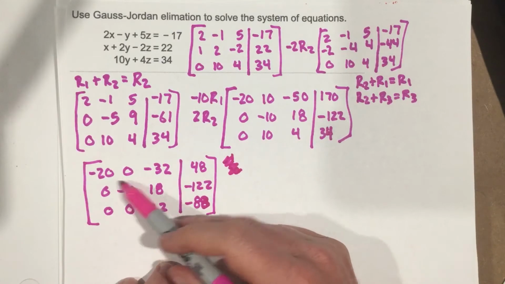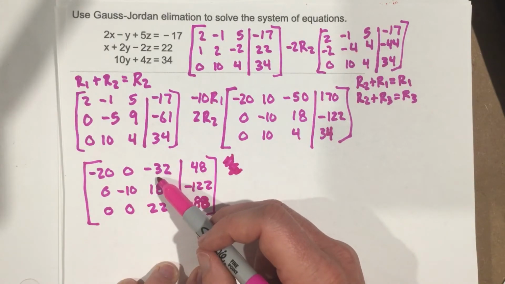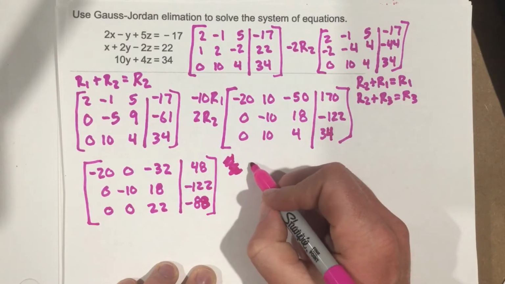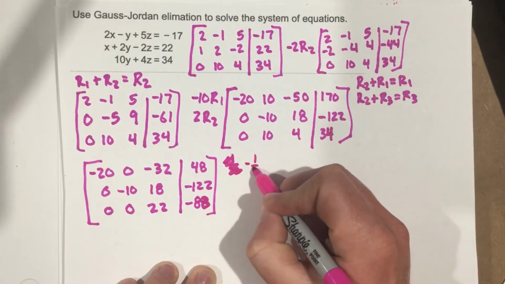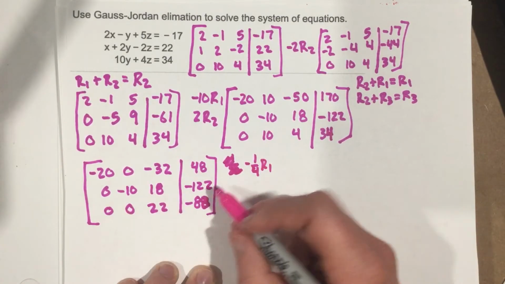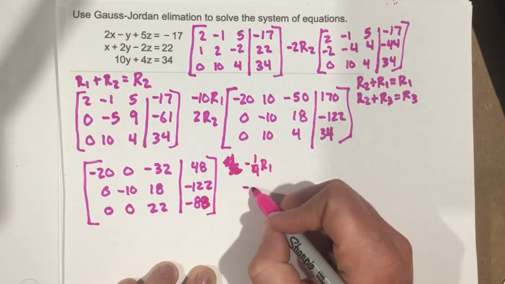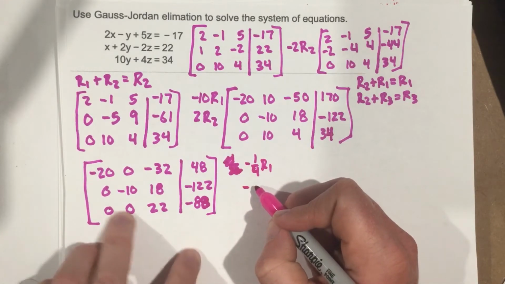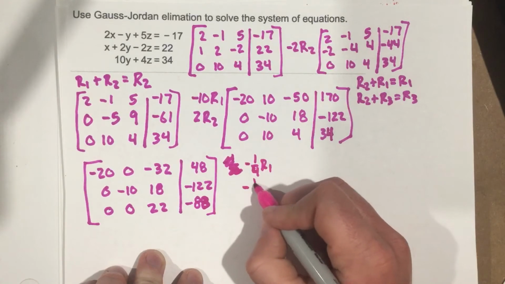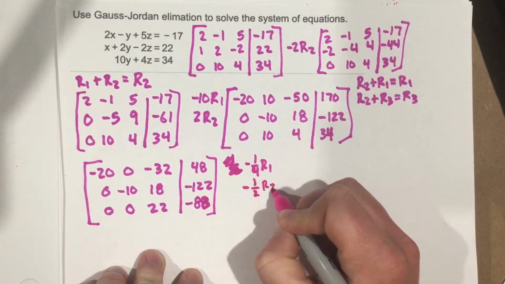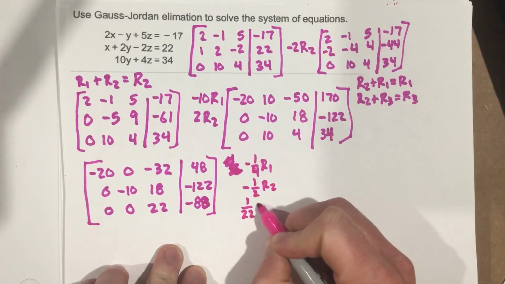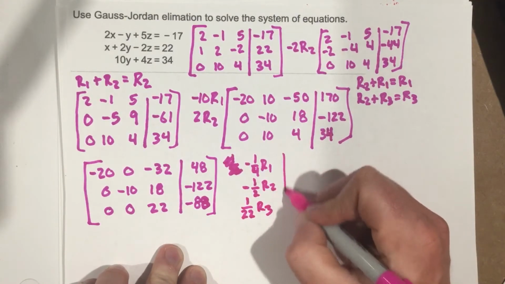Let's do negative 1/4 R1, because they're all divisible by 4. The middle, because we got 10, they're all divisible by 2, we're going to do negative 1/2 R2. And then the bottom we're going to do 1 over 22 R3. So we're going to do all those at the same time.